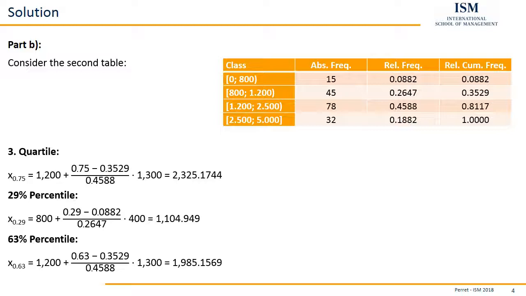And similarly, it's multiplied by 1300, resulting from the width of the class, which we get from 2500 minus 1200. Taken all together, we get as a result 1985.1569, which then is our 63rd percentile.